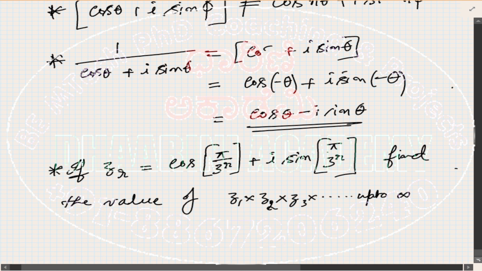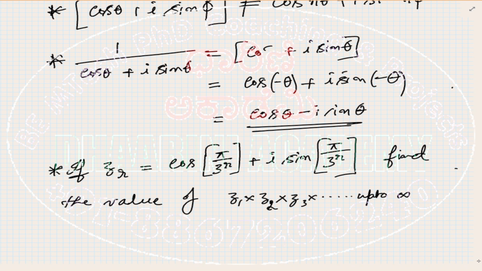Now let's write z_r. Z1, where r is 1, is cos pi by 3 plus I sin pi by 3. Then z2 is cos (pi by 3) square plus I sin (pi by 3) square. Like that every term needs to be substituted here. Let's write what we require.